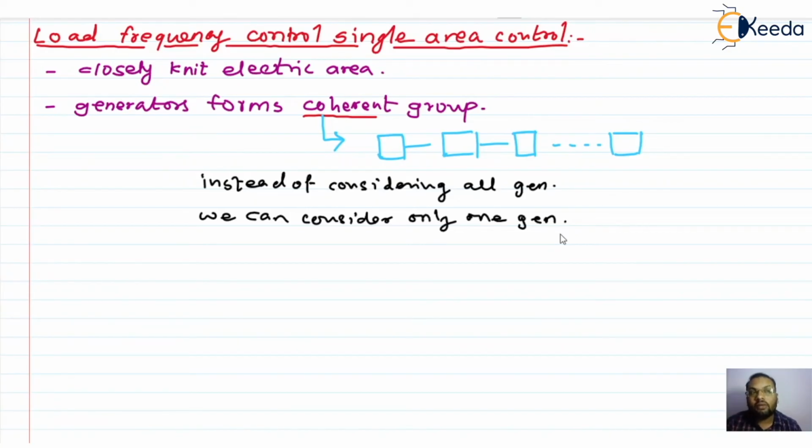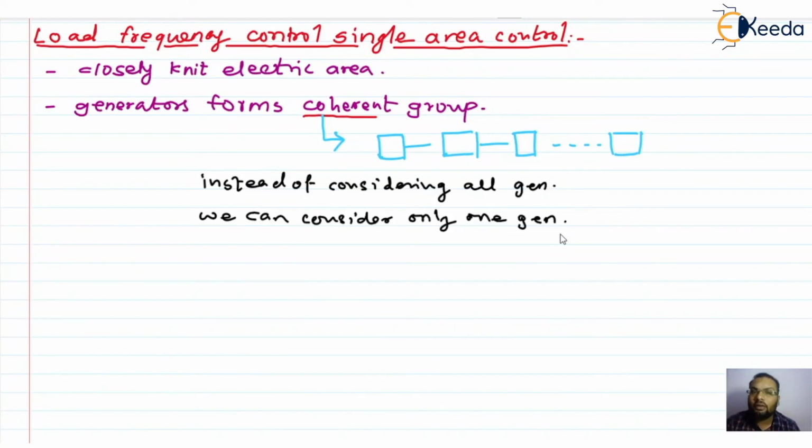Particularly, we can say a single utility. Suppose for Maharashtra, the utility is the state board. Definitely we have to talk in terms of generation, so the Maharashtra State Power Generation Corporation Limited.